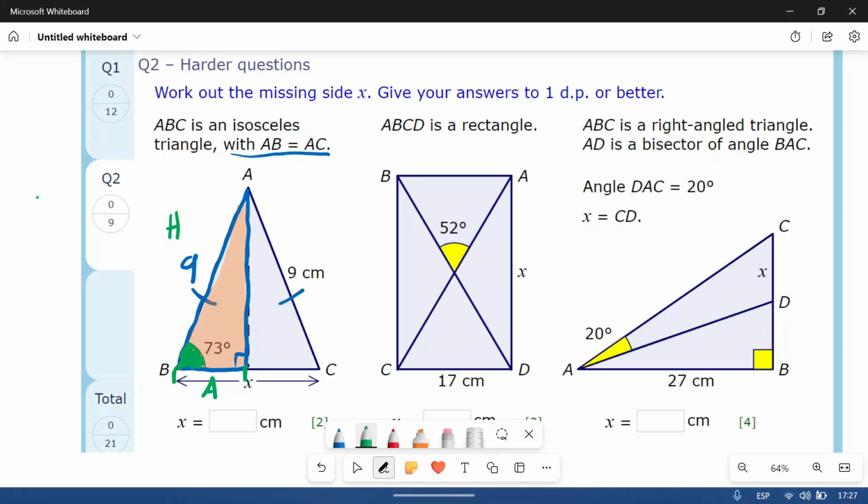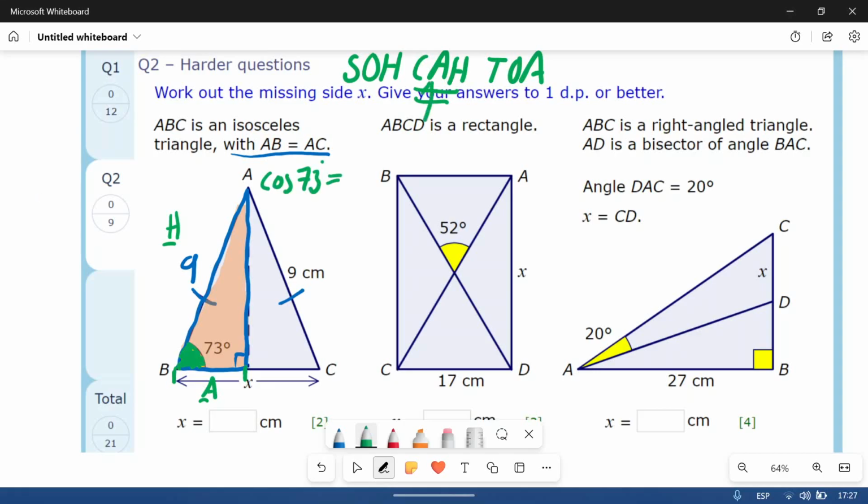Okay, so looking at SOH CAH TOA, having the H and wanting the A means we're going to use CAH. So let's write that down. We're going to write cos, first, then comes the angle.